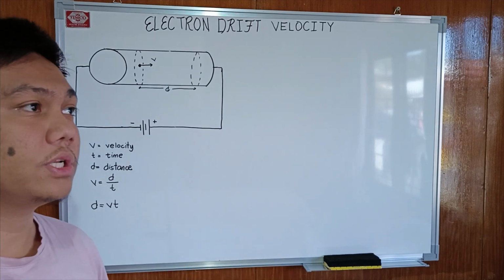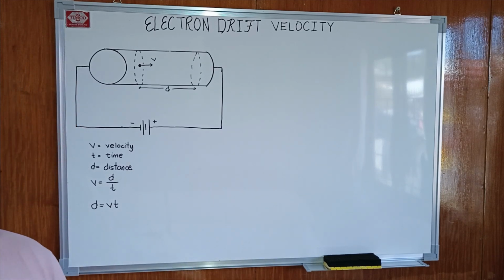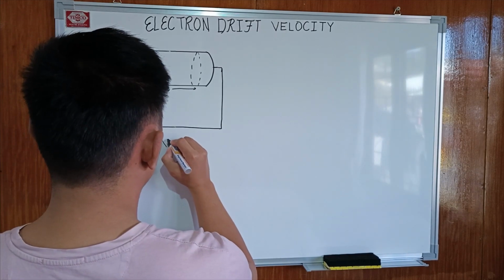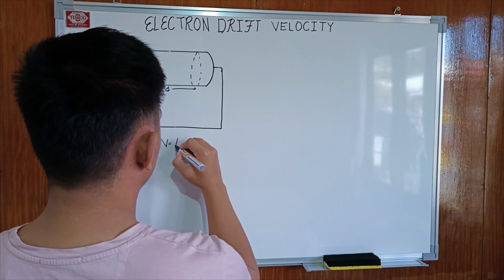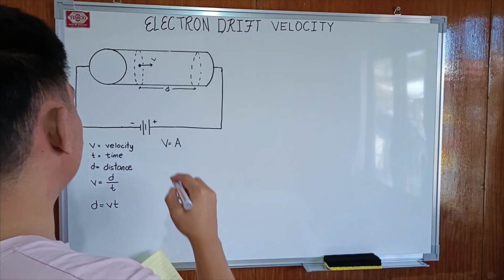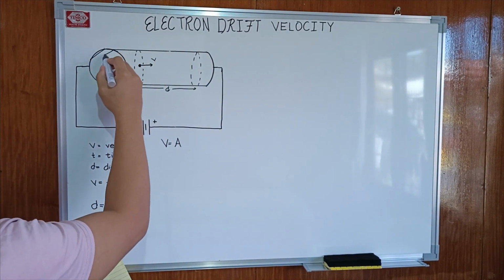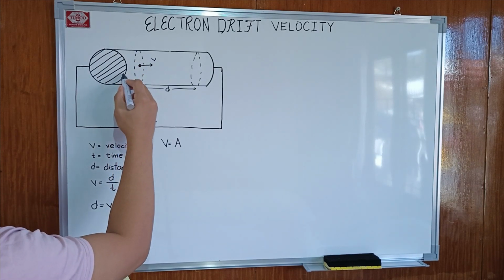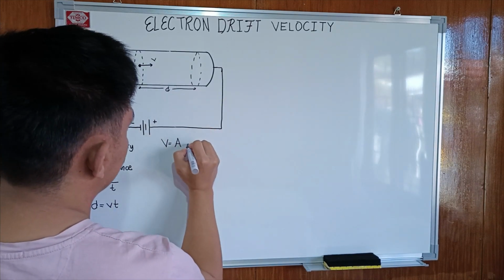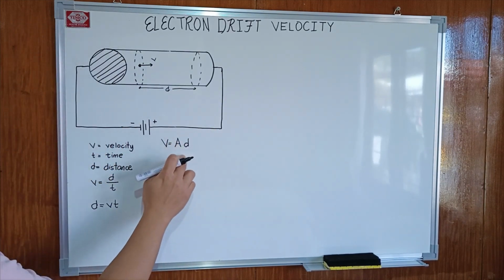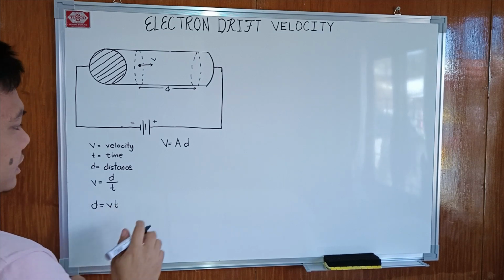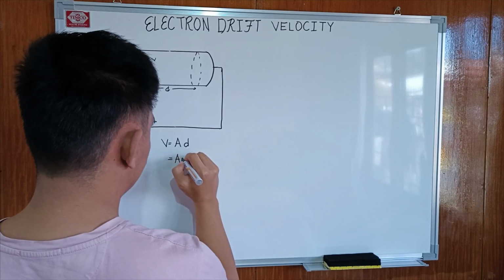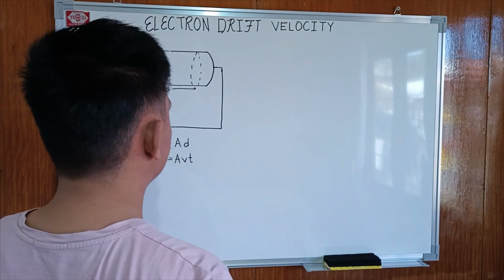So, kung kukunin natin yung volume ng conductor natin, di ba ang volume is just equal to the cross-sectional area ng conductor, which is ito, times the distance. Maalala natin itong distance is velocity times time. So, area times velocity times time.